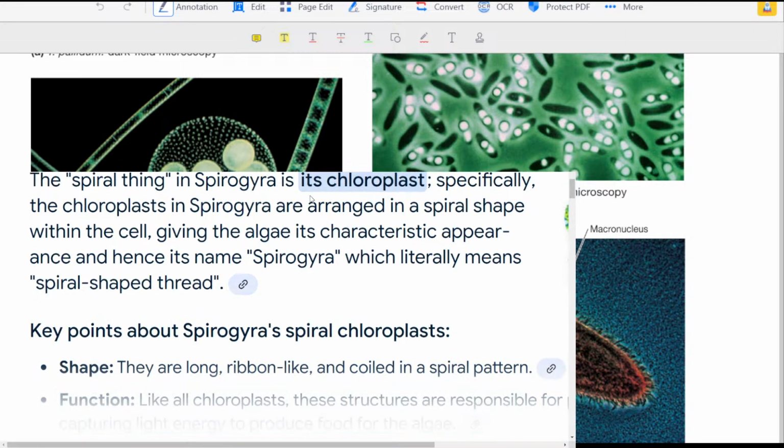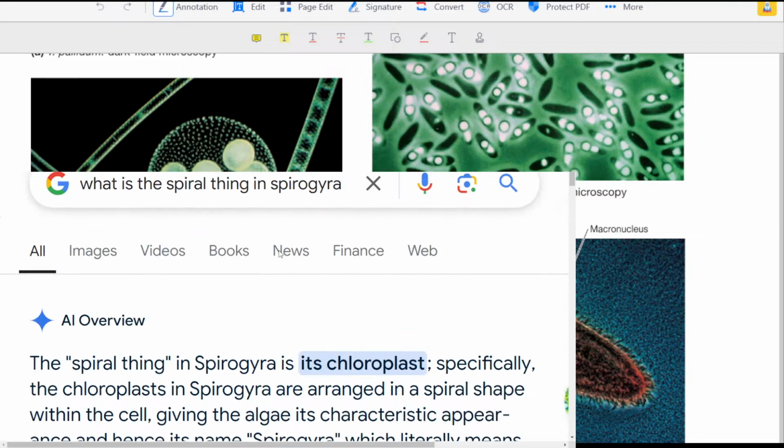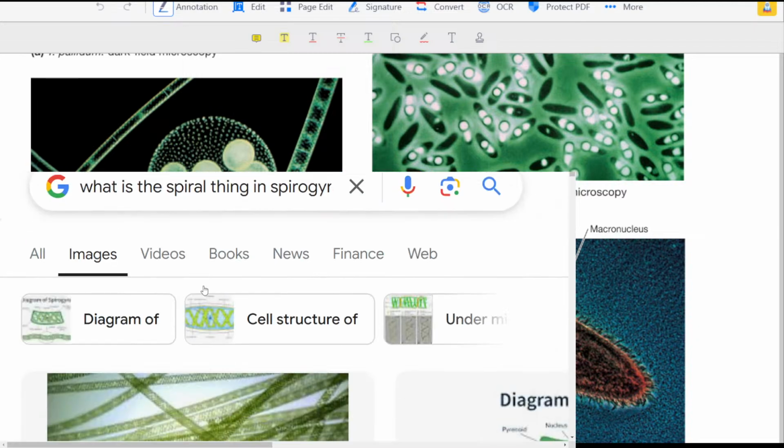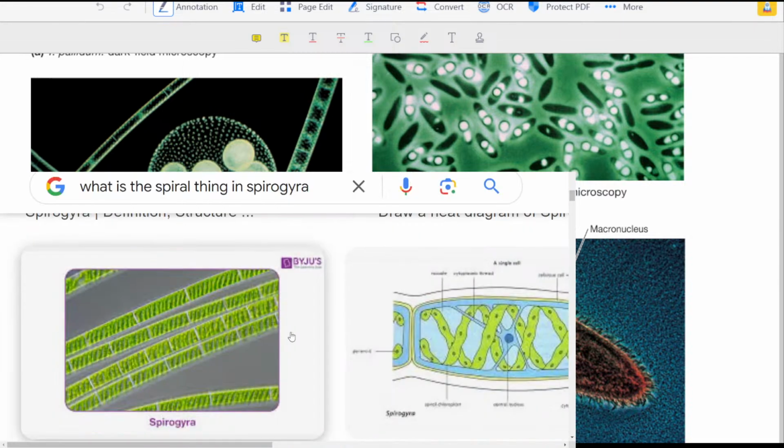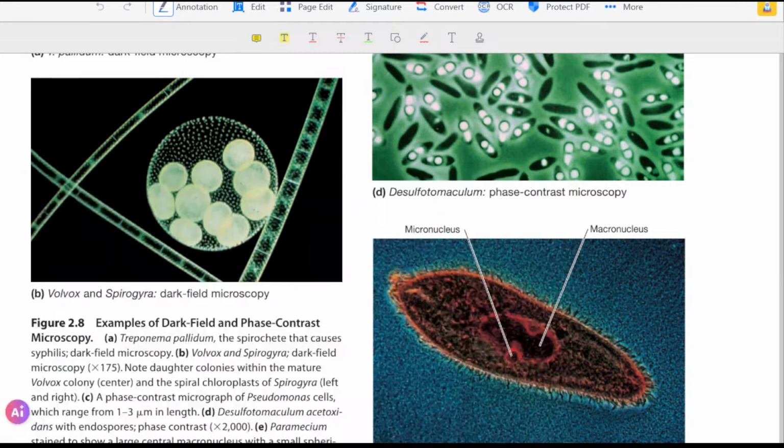It's chloroplast, specifically arranged in a spiral shape within a cell. Oh, am I an idiot or something? It definitely looks green. Green means chloroplast. Alright, we are done with this.